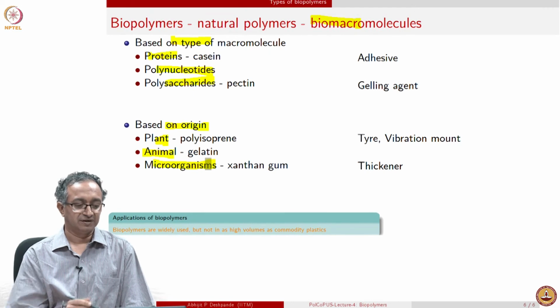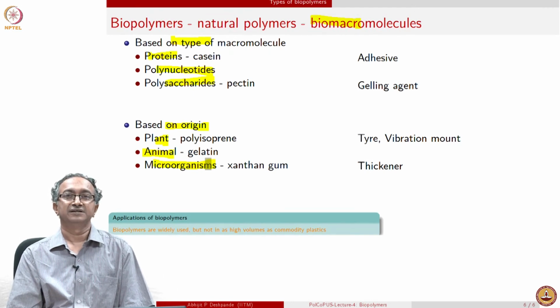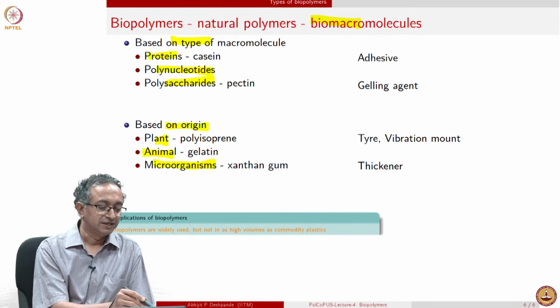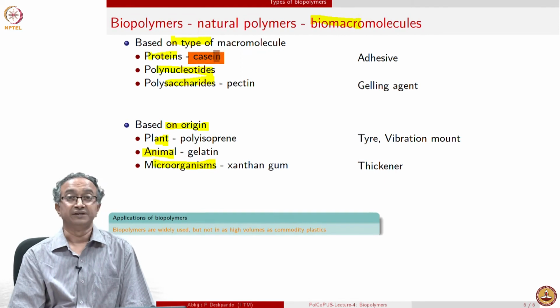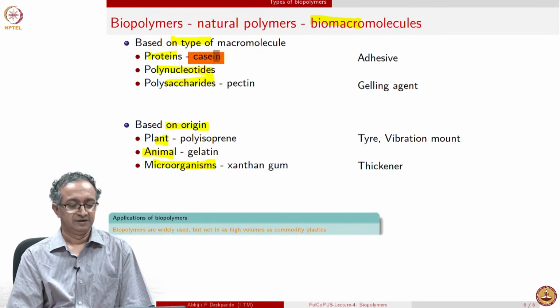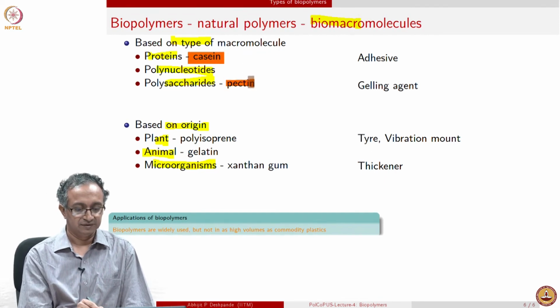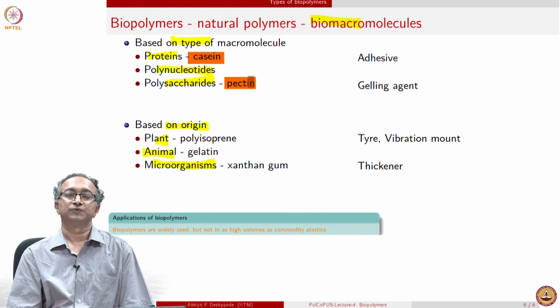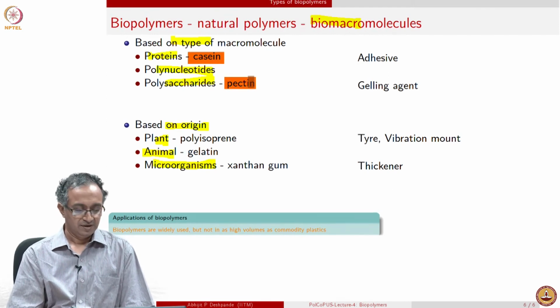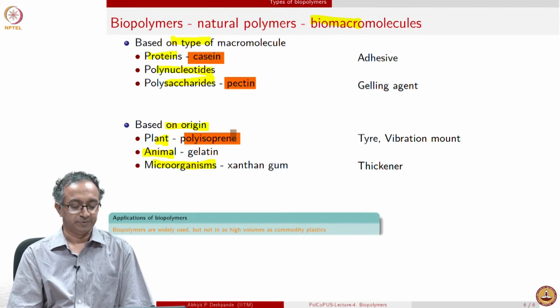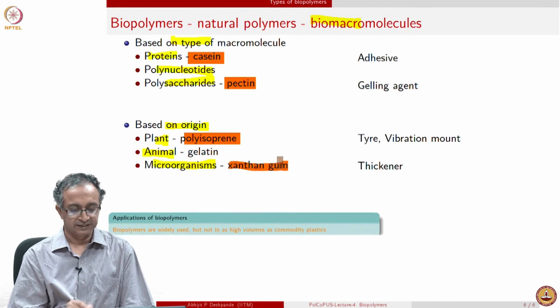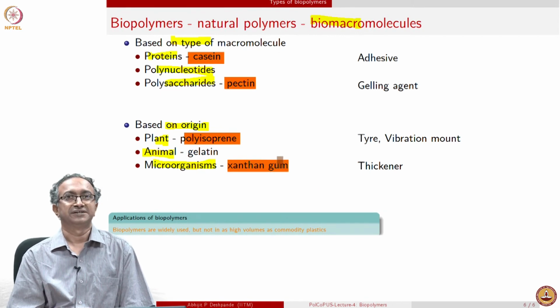Here I have given just a couple of examples of these biopolymers. Casein is a protein which comes from milk, and pectin is there in a variety of fruits and vegetables. This is from the rubber tree, polyisoprene or natural rubber, and xanthan gum is made by a bacteria.